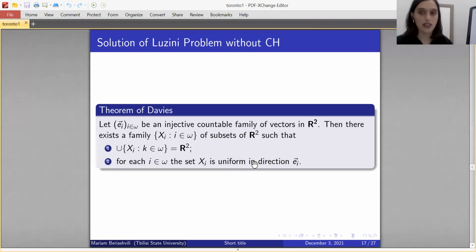Now, the theorem of Davies gives us the positive answer to Luzin's question.